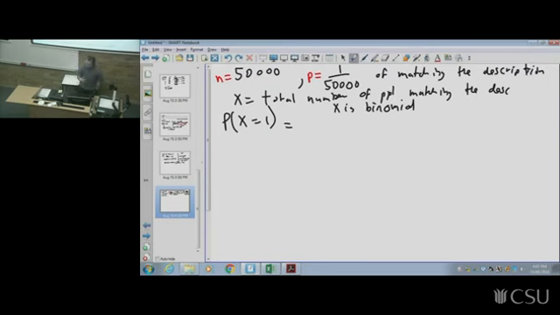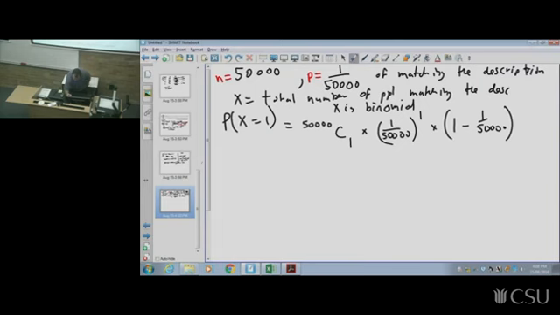So the probability X equals 1 would be 50,000 choose 1, times the probability of success to the power of 1, times 1 minus the probability of success to the power of 50,000 minus 1.